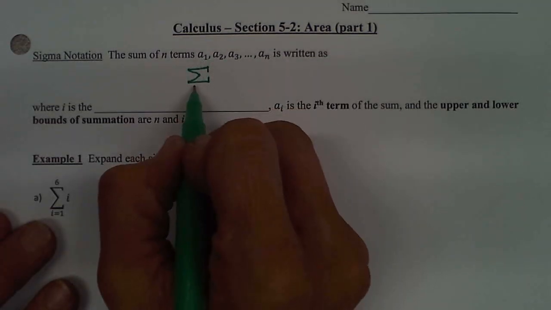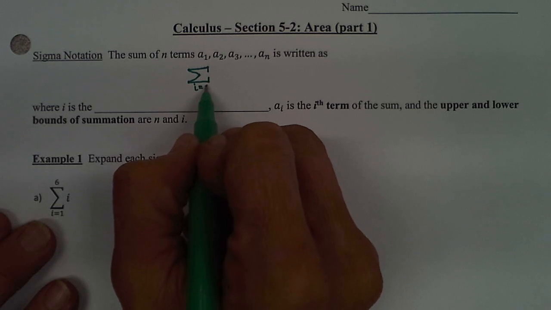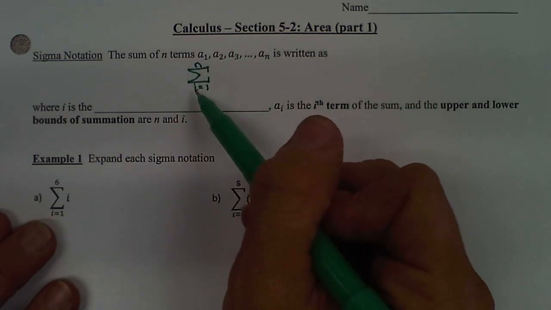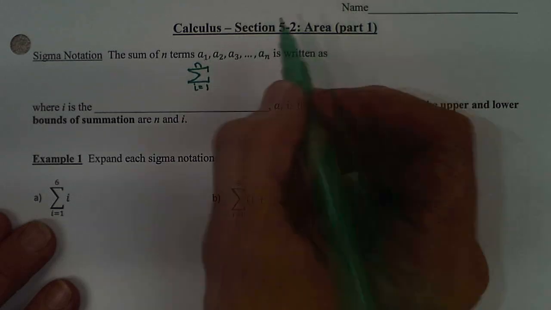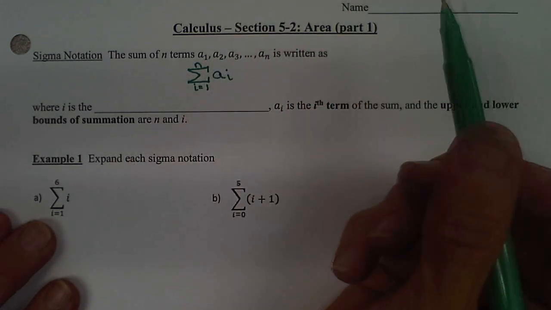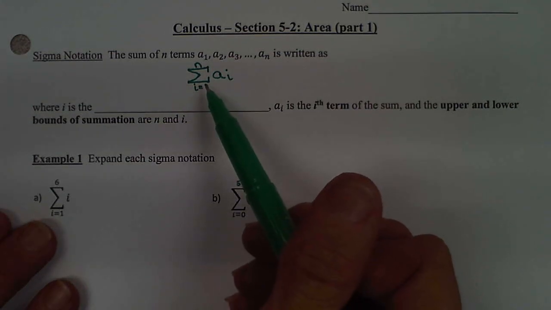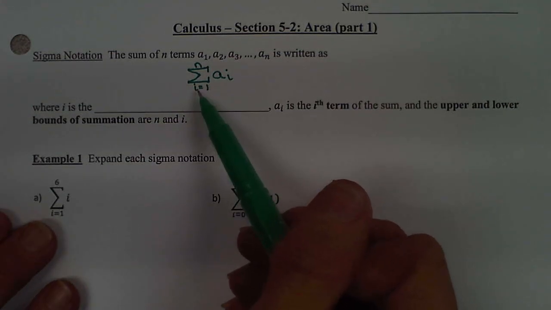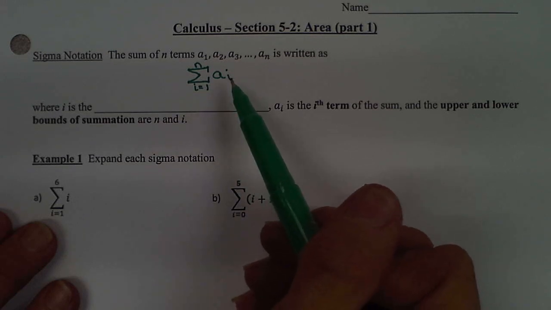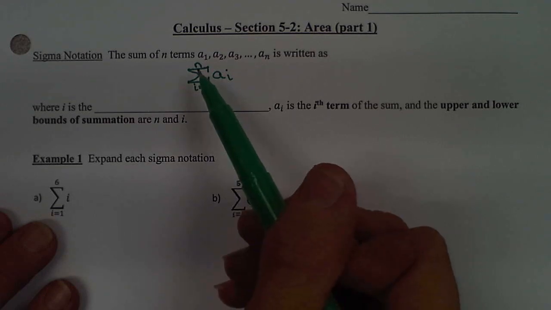Then on the bottom, it's going to say, for this one, i equals 1, and on the top is n. So what that means is from i equals 1 to n of a sub i. The i equals 1 and the n on top mean that you're supposed to plug numbers into i, starting at 1 all the way to n.